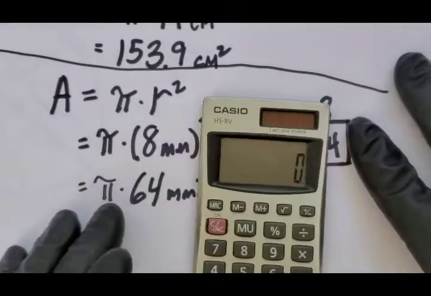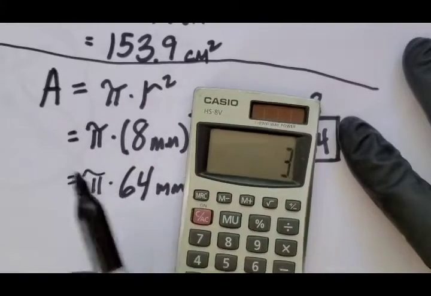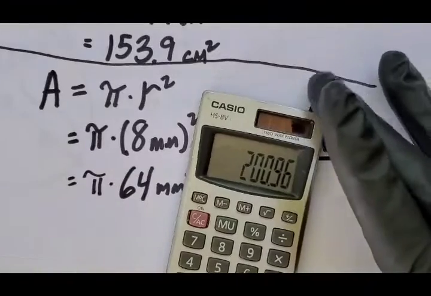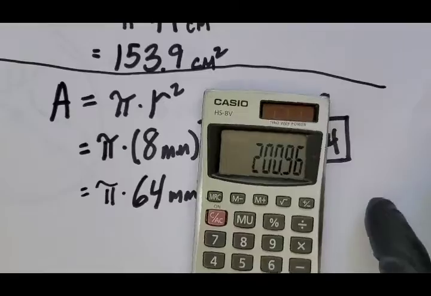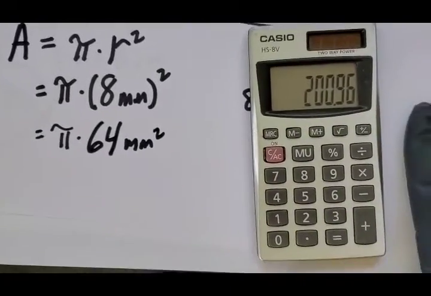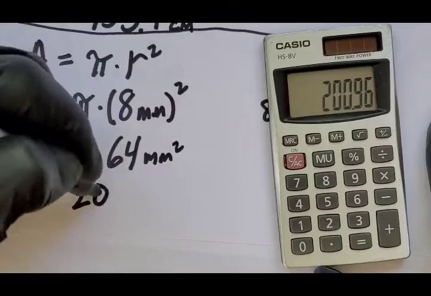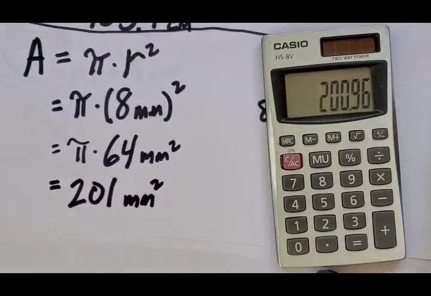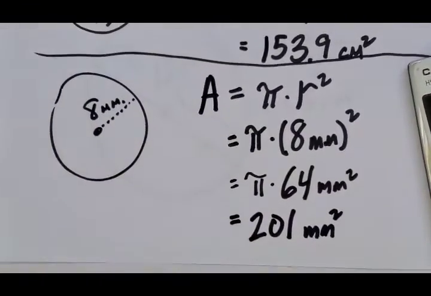So you can use your calculator. We've got 64 times 3.14, and that's going to equal 200.96. Round it to the tenths place. In this case here, we could probably just go ahead and say the area is equal to 201 millimeters squared. And millimeters are pretty small, so these would be tiny, itty-bitty little squares.